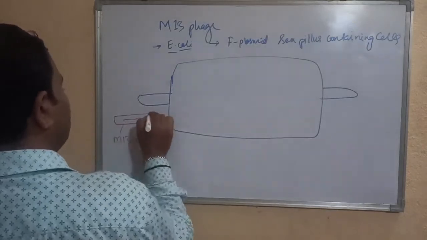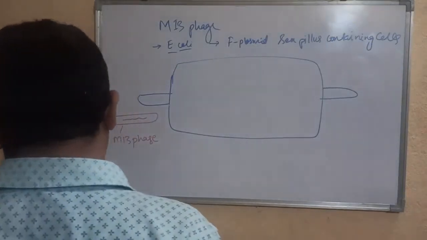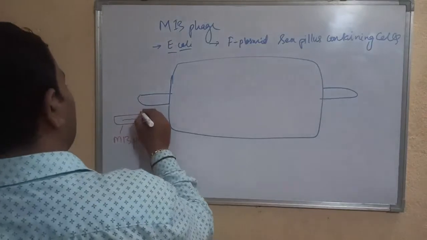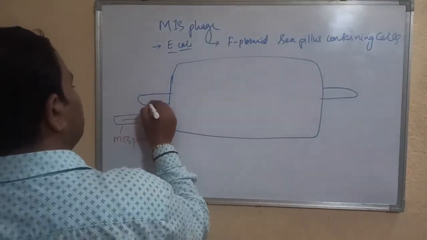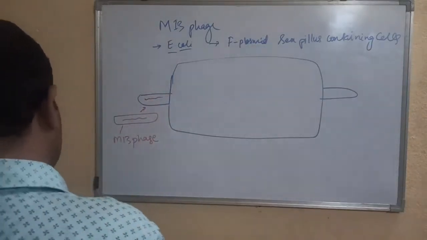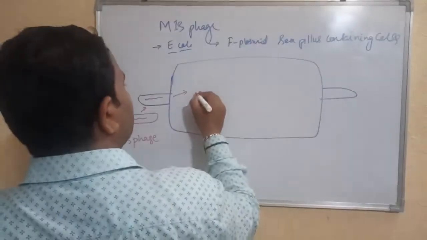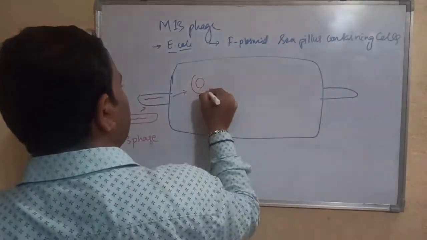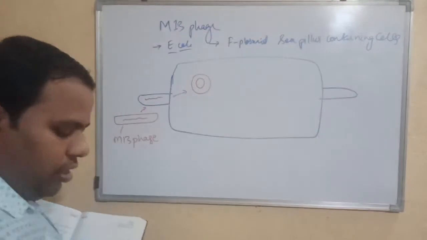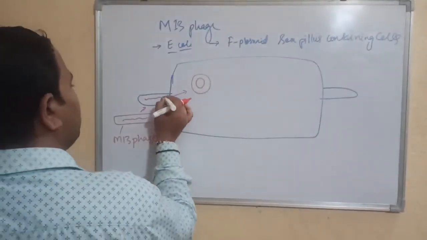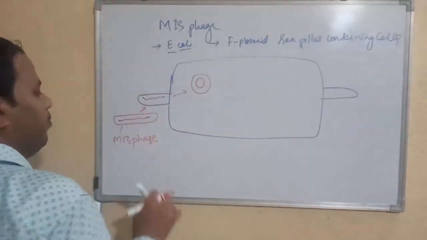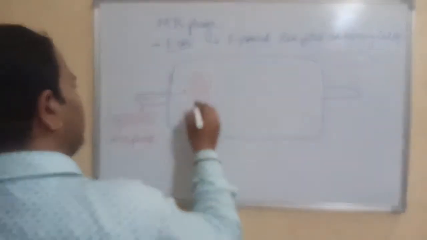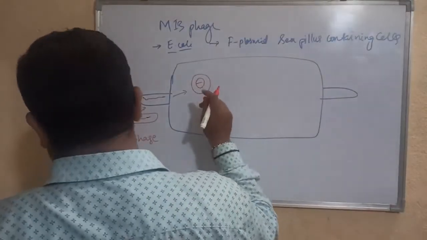It has a single stranded DNA. Now this will go and infect through the sex pili. It will insert its single stranded circular DNA inside. Upon insertion it will circularize in the bacteria. Now this is the replicative form. It is also called the theta form.